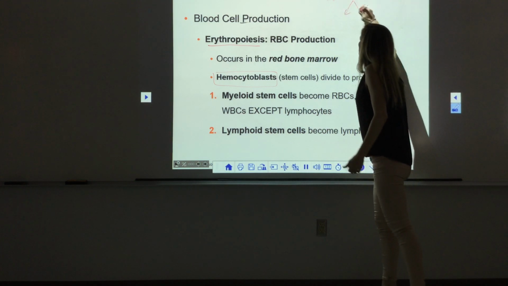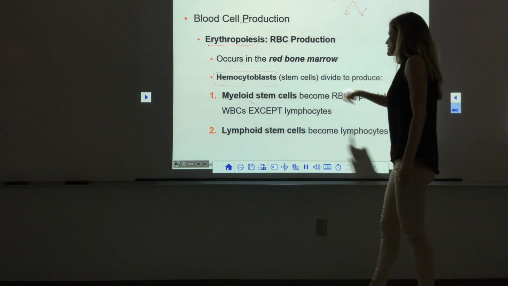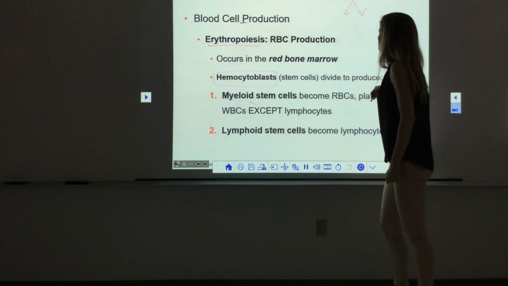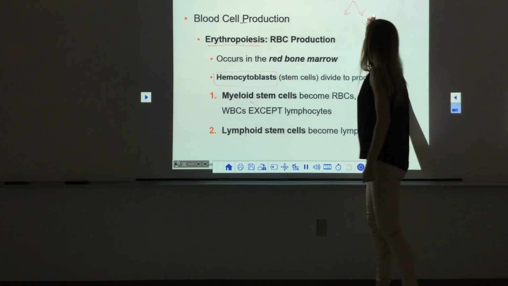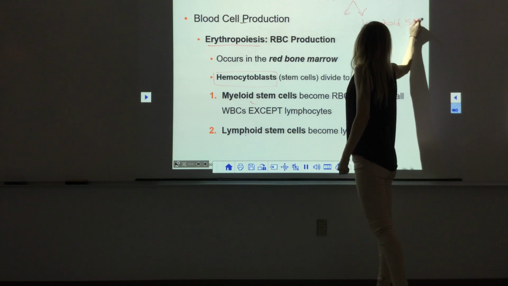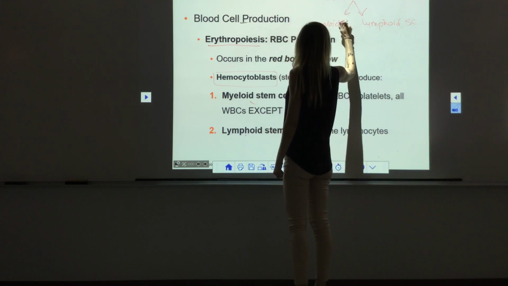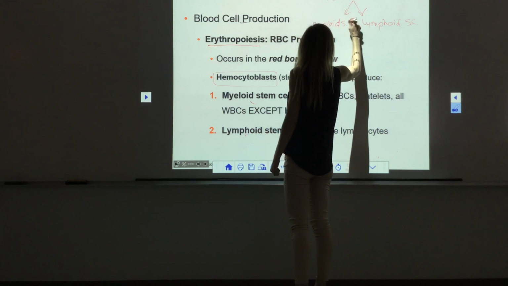They divide, and those give us two different types of stem cells, myeloid and lymphoid stem cells. So hemocytoblasts give us lymphoid stem cells and myeloid stem cells.